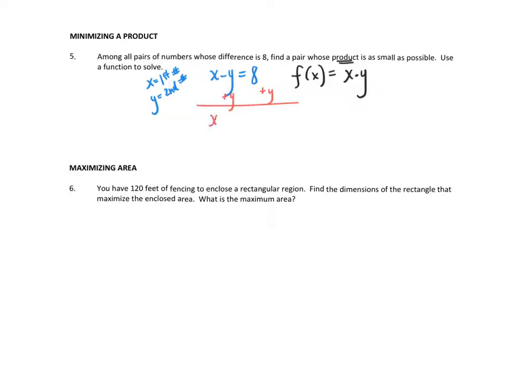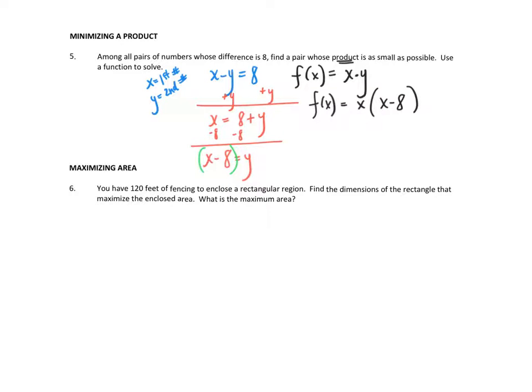So I have x equals 8 plus y, and then I can subtract 8. So I have y is the same as the quantity x minus 8. So now when I'm writing my function, I've got f of x equals x times the quantity x minus 8.